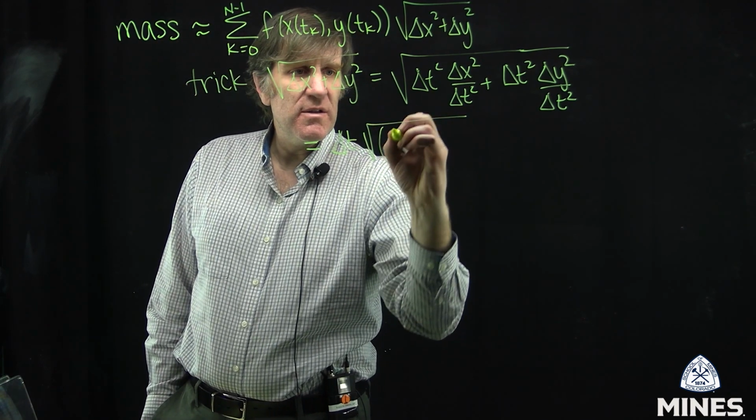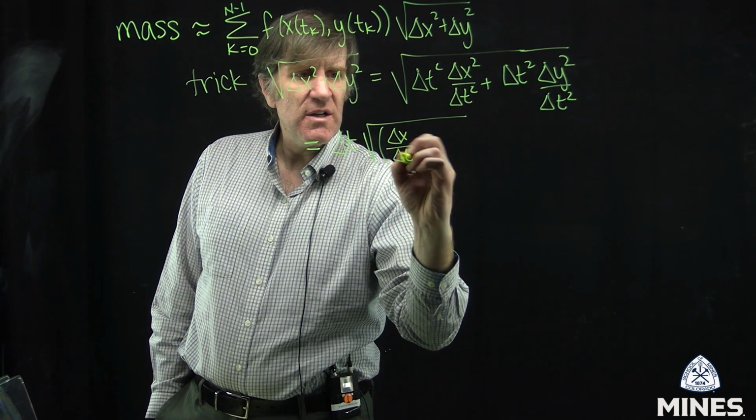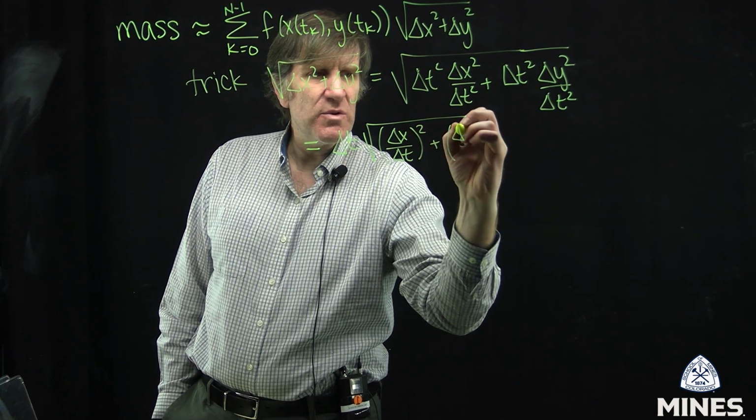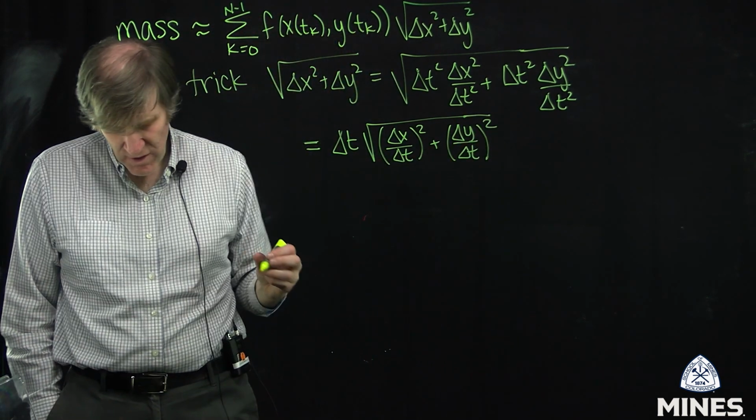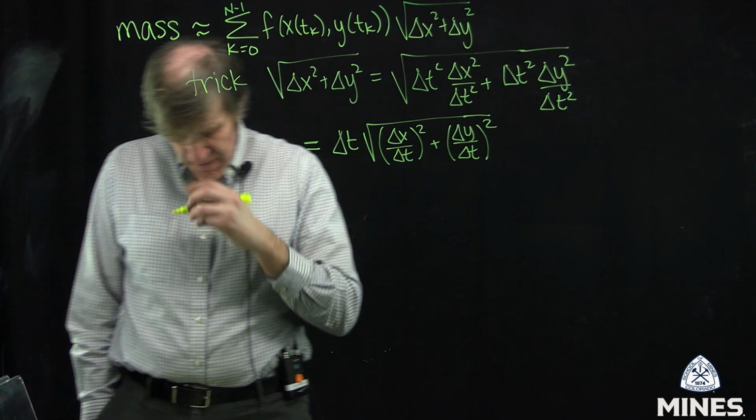So we're left with delta x over delta t squared plus delta y over delta t squared on the inside of the square root.